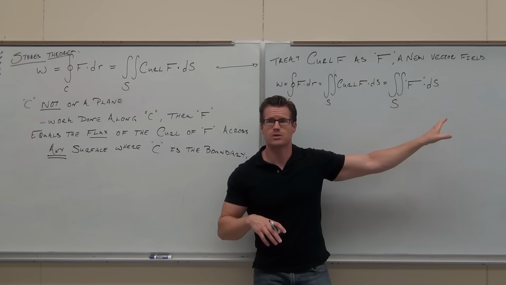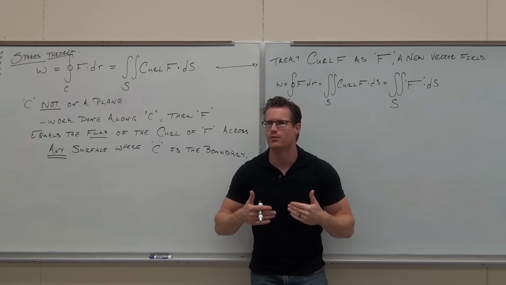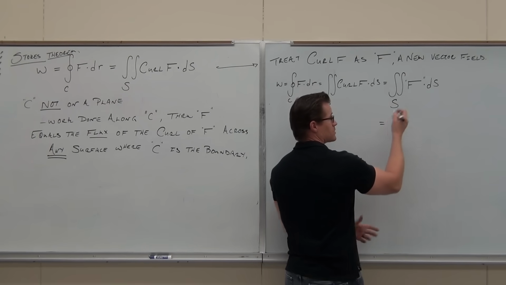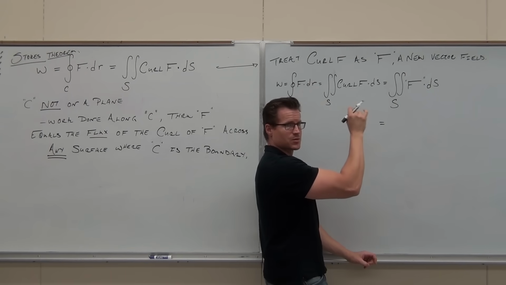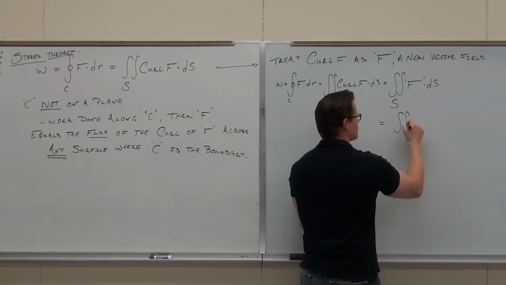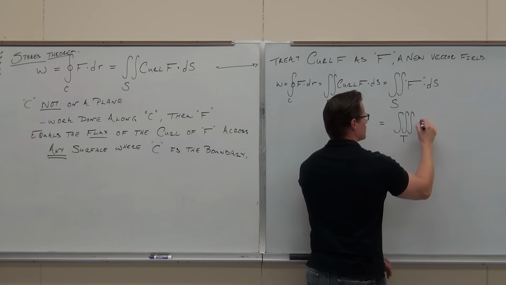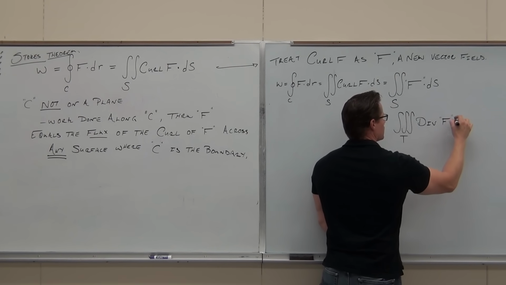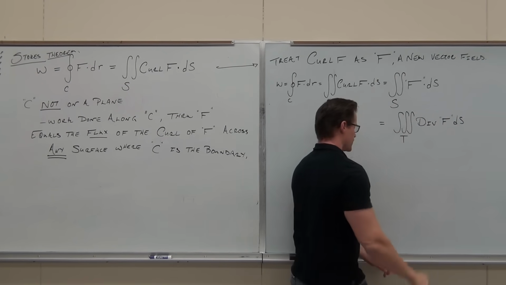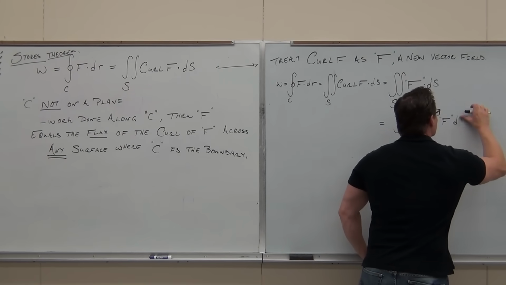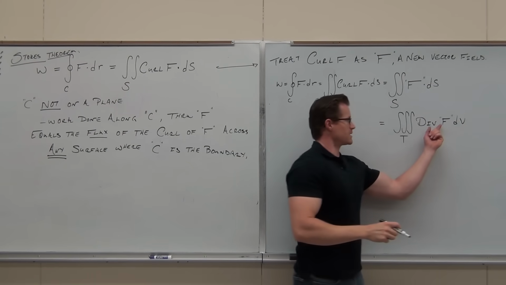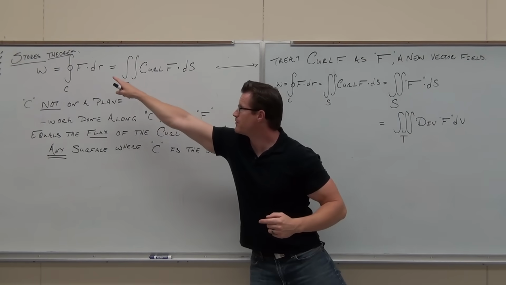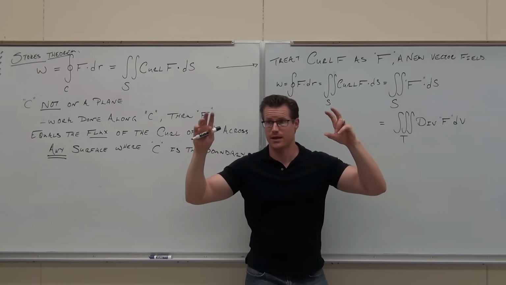What if it's not? Could we do it? Yes, that was right before that when we did flux integrals in general. We said, well, this could be divergence theorem if S is a simple closed surface. This gets a little tricky though, because this F, where you'd find the divergence, is not that F. It's the curl of that F. Does that make sense?